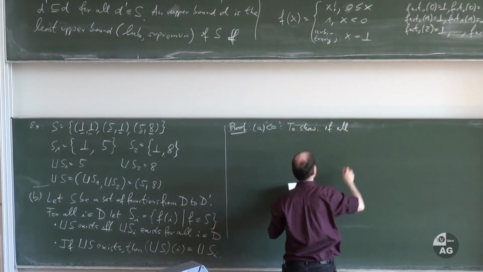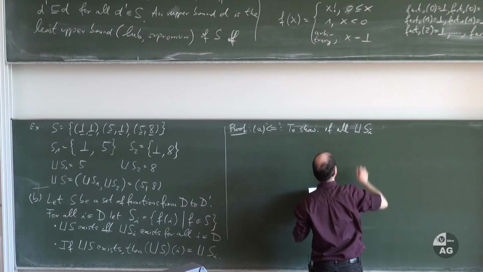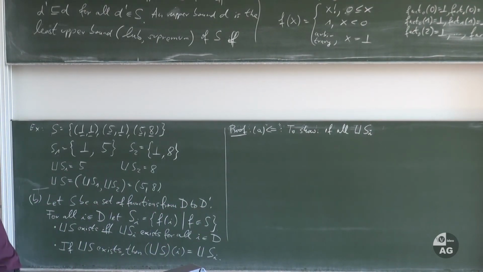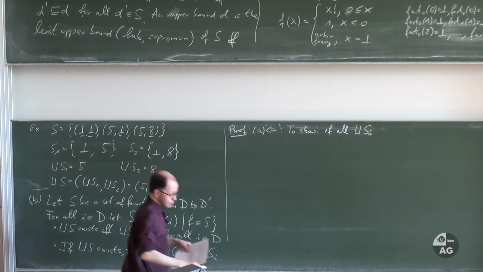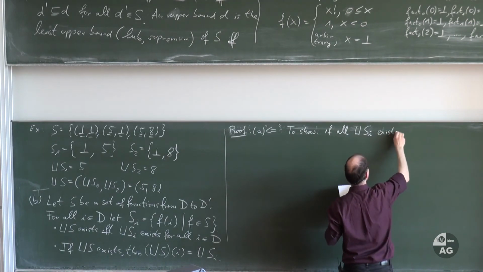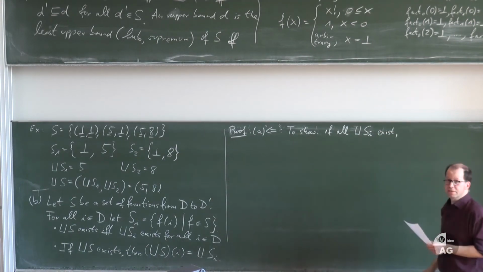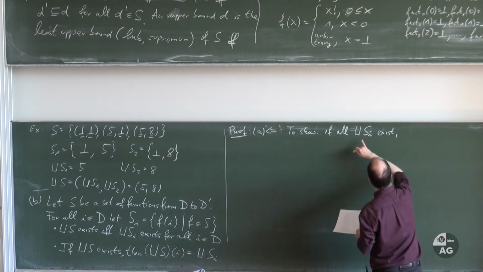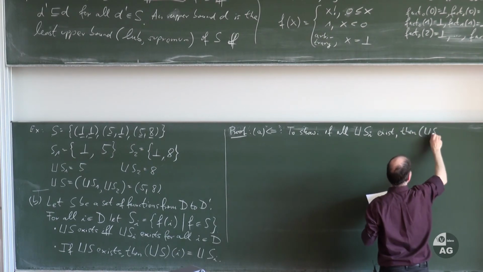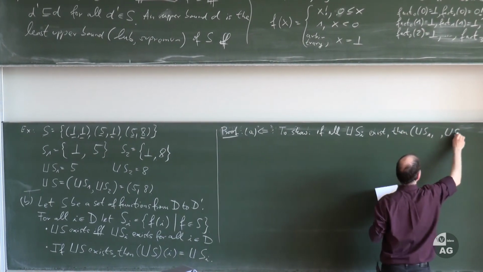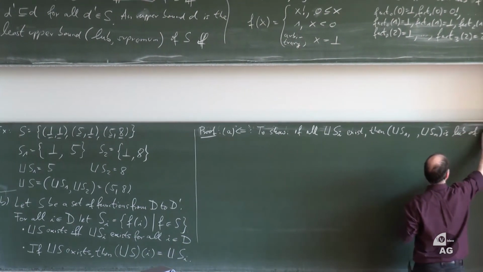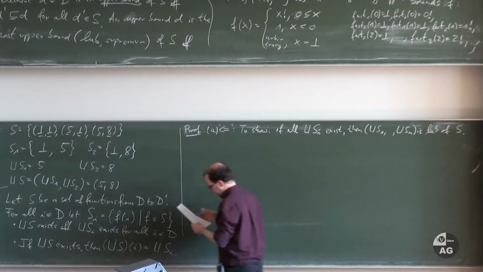If all of these least upper bounds for these projected sets exist, then the least upper bound of S exists as well, and it's the tuple consisting of all of these components. So then the tuple of the least upper bound of S1 to the least upper bound of Sn is the least upper bound of S. This is what we want to show.